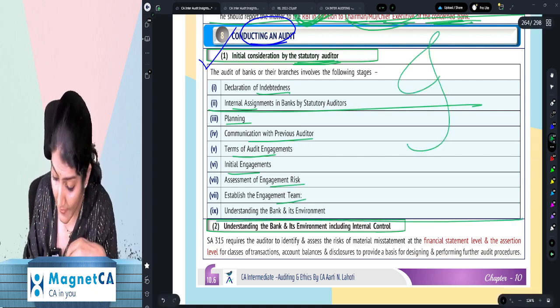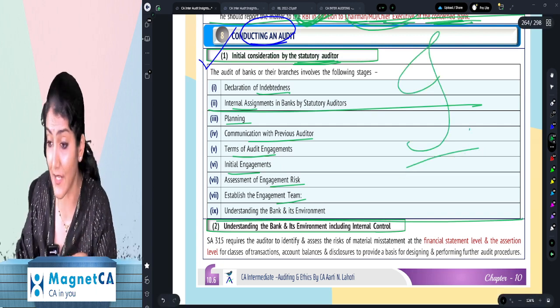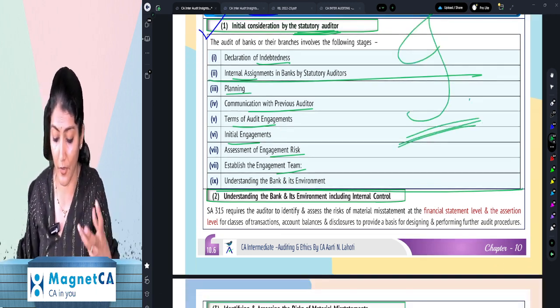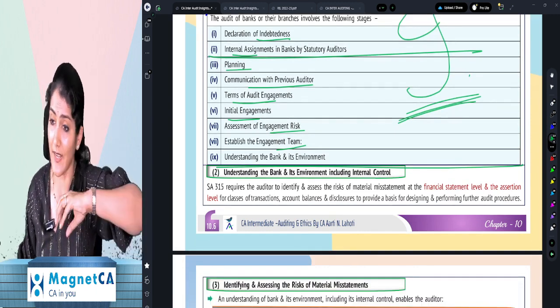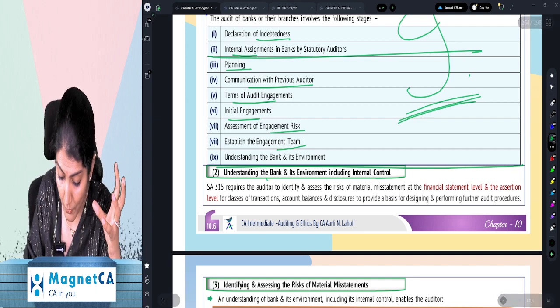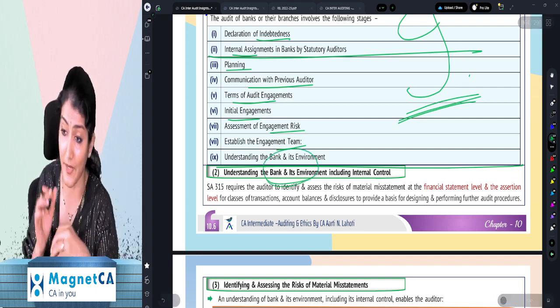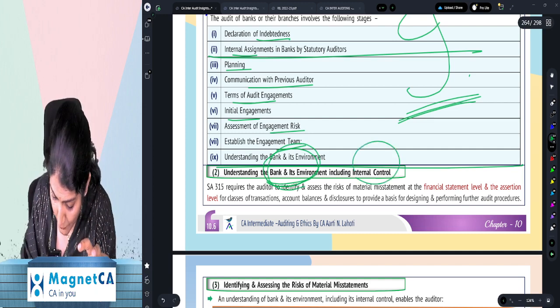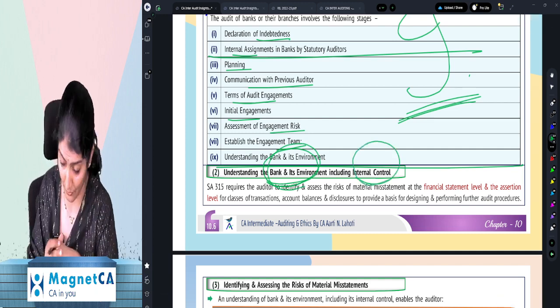Right? So these are the initial considerations, like the starting point, when you are proposed to be appointed as an auditor of the bank. Now that you've decided green signal, we are going to do the bank audit. Now you have to understand the bank and its environment. Understanding of the bank and its environment, you have to understand the internal control.